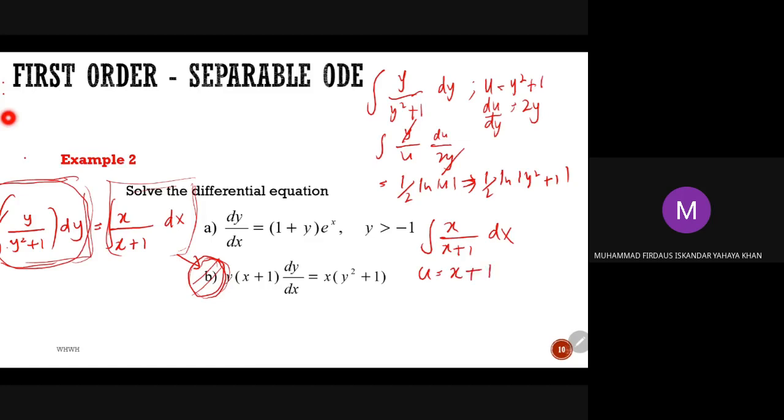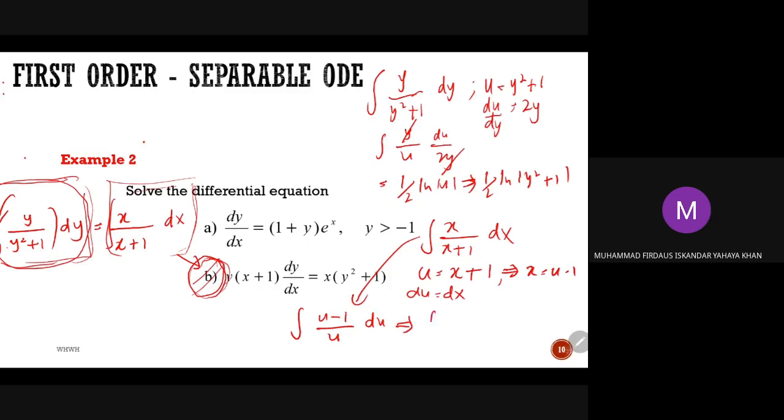Then du over dx is equal to 1, so du equals dx. And from here, to substitute x, x will give us what? u minus 1. Yes, correct, x equals u minus 1. So from here you will get u minus 1 over u du.